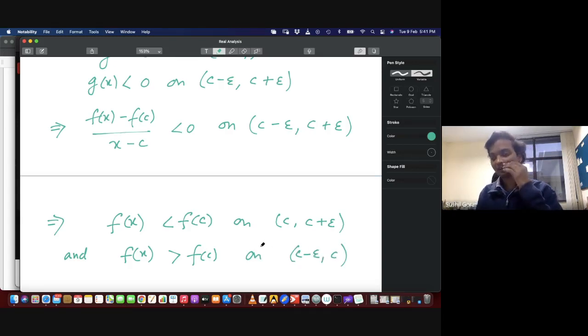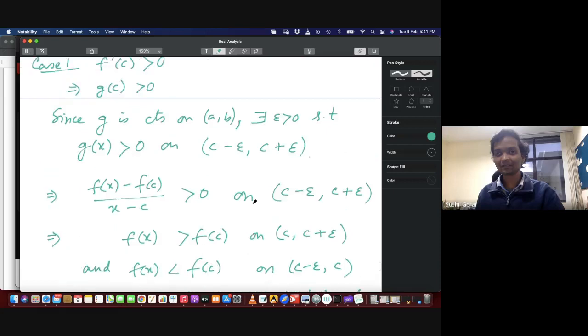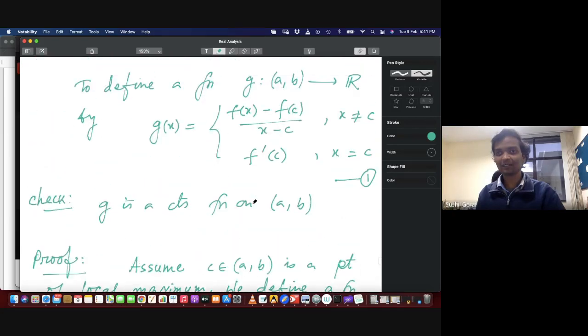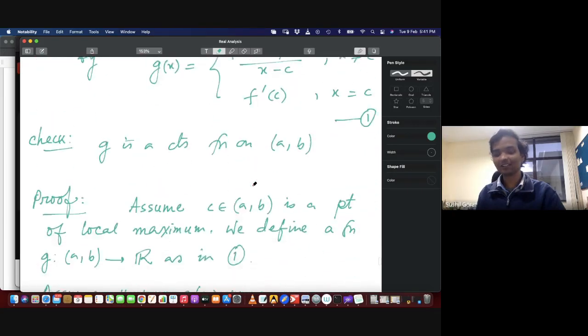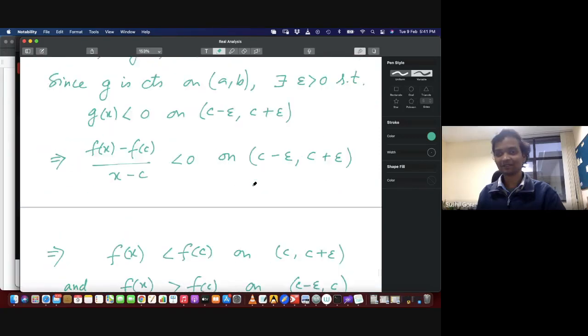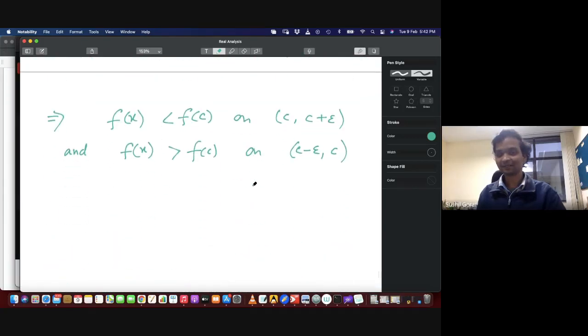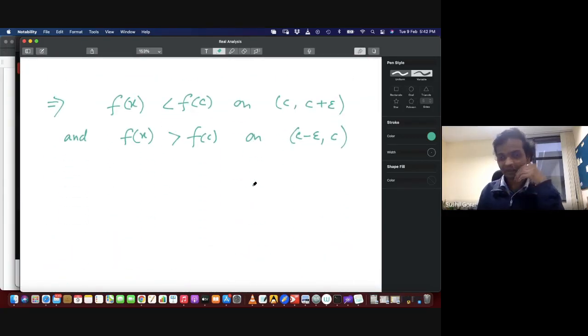So is this clear? We are repeating things. The main idea is defining the function g, nothing else, and then continuity. Any question here?